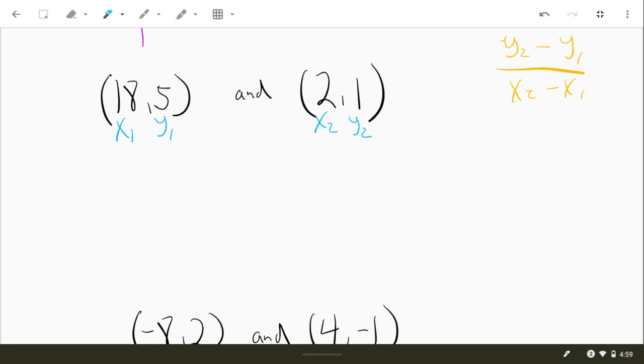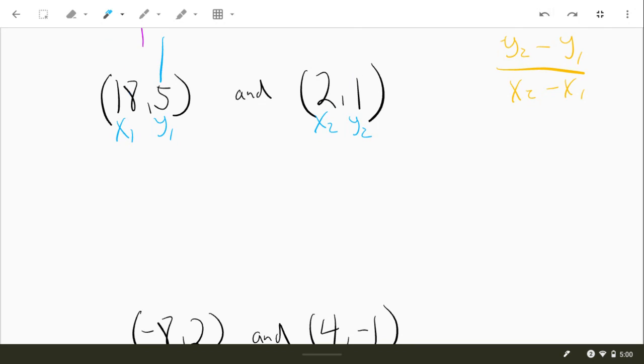What is important is that if you do 1 minus 5, then you need to do 2 minus 18. You don't want to just subtract them willy-nilly. You want to make sure that you do the right order. So if you were to do 5 minus 1, then you would need to do 18 minus 2. The order kind of matters.